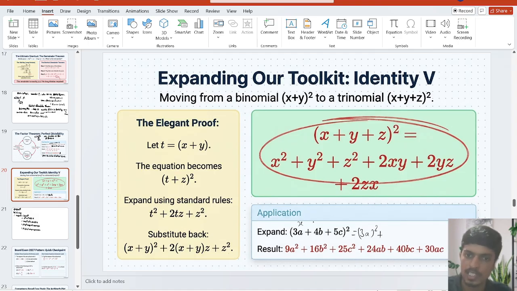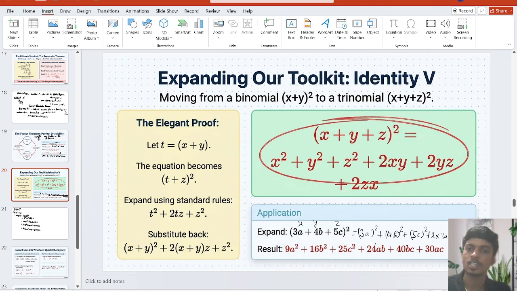Suppose this is x, this is y, this is z, and putting these values here: x square plus y square, meaning 4b square, plus z square, meaning 5c square, plus 2xy, x is 3a and y is 4b, plus 2yz, y is 4b and z is 5c, plus 2zx, z is 5c and x is 3a.